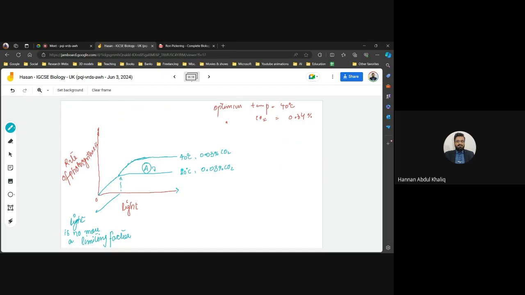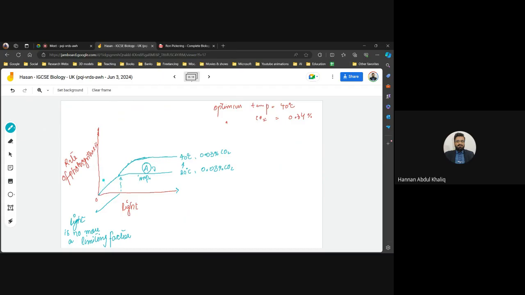When we raised the temperature, it increased. So at the point A, the temperature was the limiting factor.